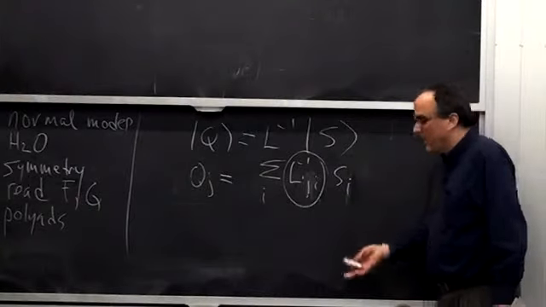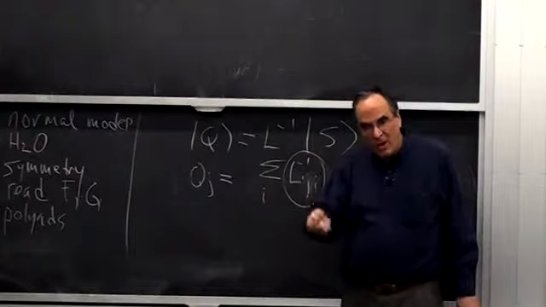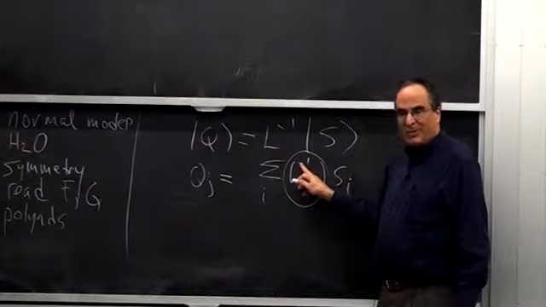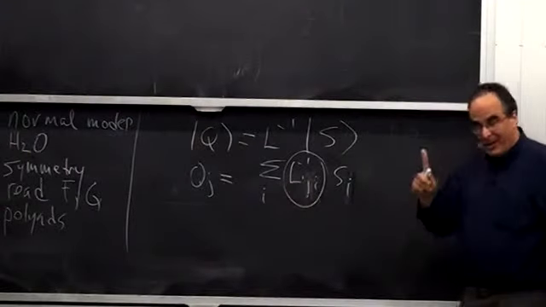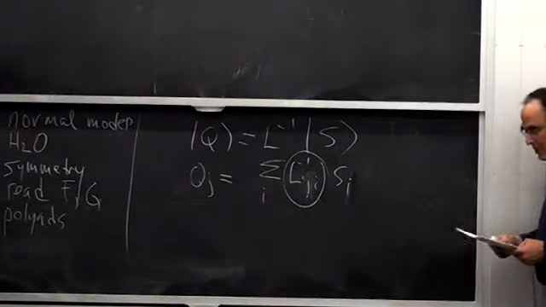And I'm always troubled or confused about, do we want the row or the column? Do we want the inverse matrix or the non-inverse matrix? And there's only one correct answer, and this is it. Okay.